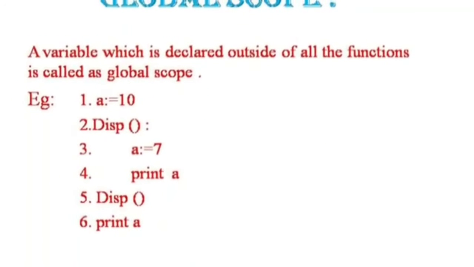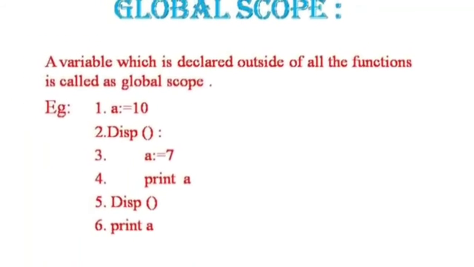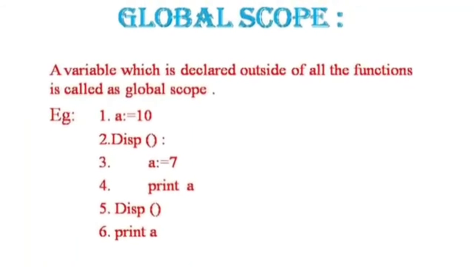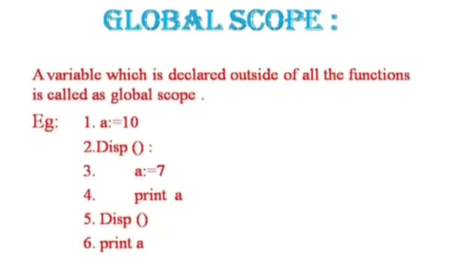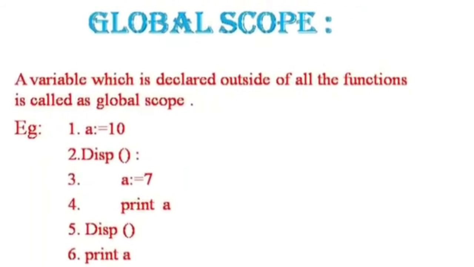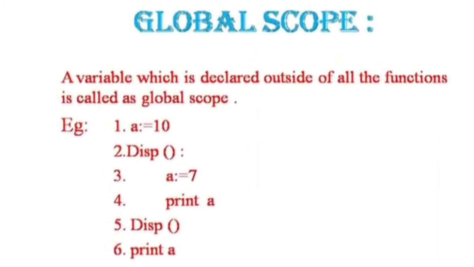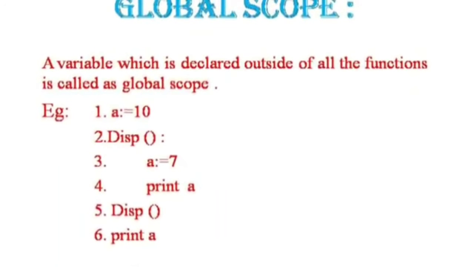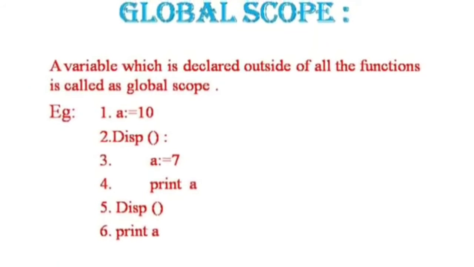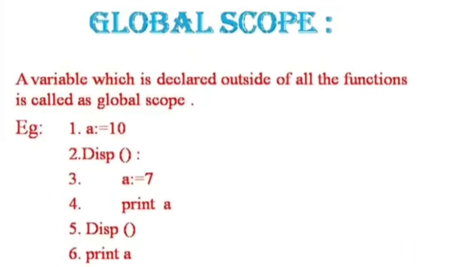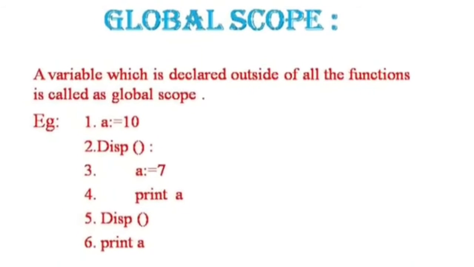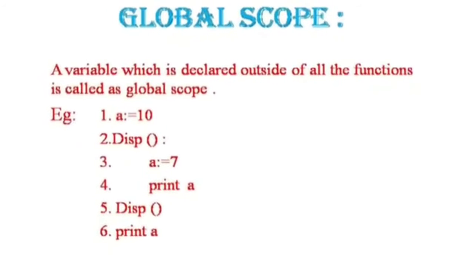Second one is the global scope. A variable which is declared outside of all the functions is global. Now see this example, a is equal to 10. A is declared outside of all the functions, so it is global. Next you have the disp function and a equal to 7 is assigned inside it.